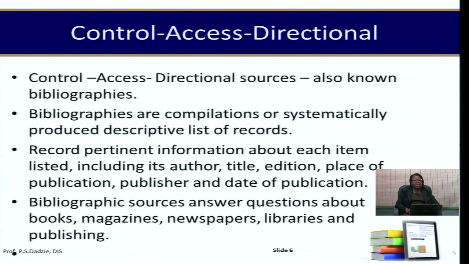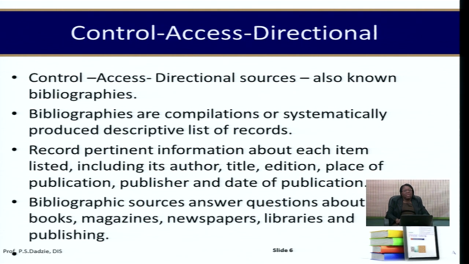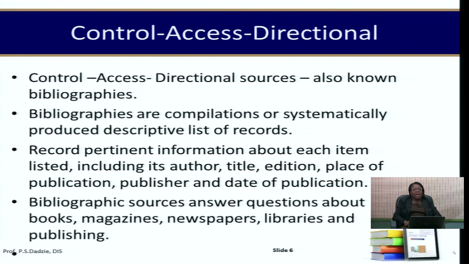A bibliography just lists materials, so they contain permanent information about each item listed. In a bibliography, you would have the author's name, the title of the publication, the edition number, the place of publication, the publisher, and the date of publication. That is what the list in a bibliography contains.